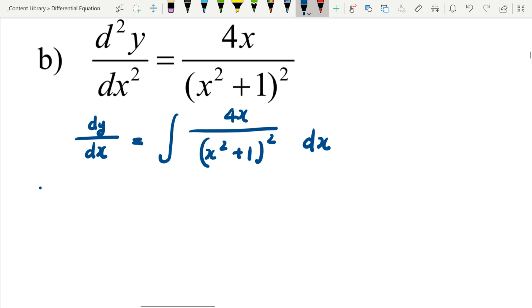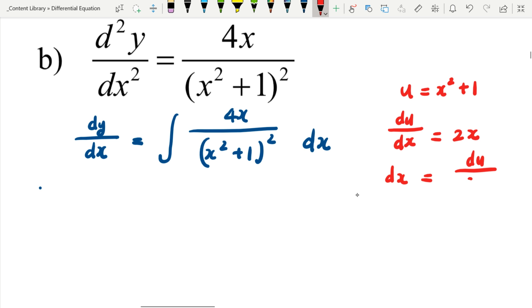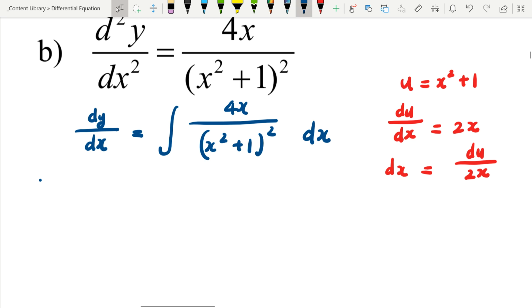Substitution. So we sub u equals x squared plus 1 and du dx should be 2x. Then dx equals du over 2x. If I cancel, the top should be a 2, and you should have u squared of du.